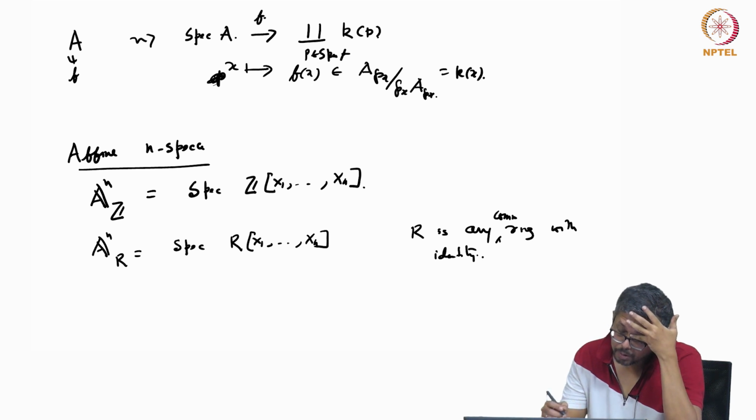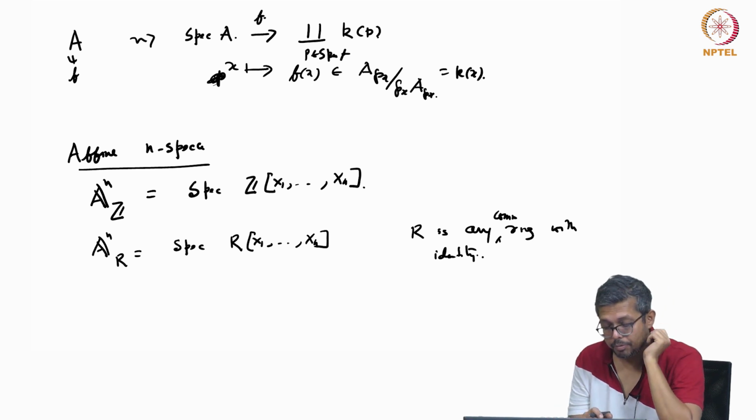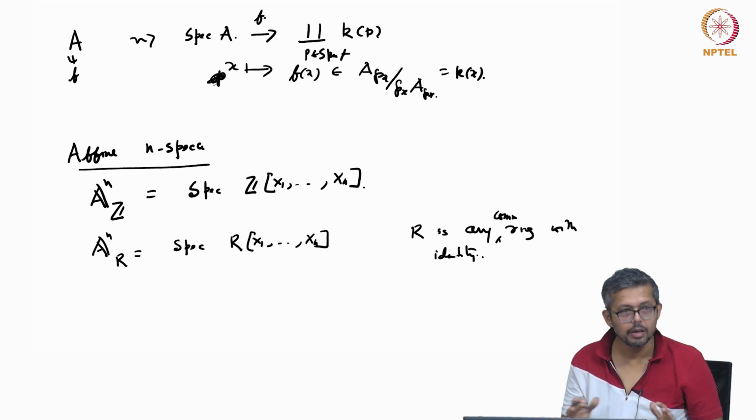So you can talk about the affine space. For example, if R is an algebraically closed field, then the maximal ideals correspond to the closed points of this scheme. So you see the dimension. I mean, it's all very general.